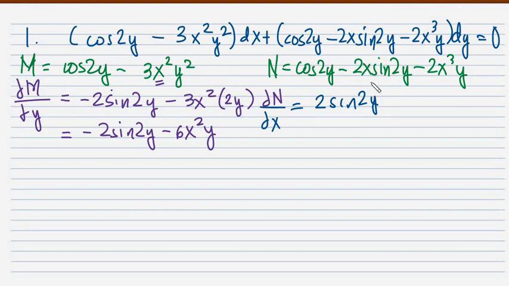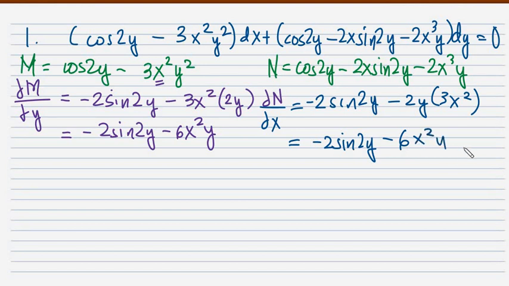We just have to get the derivative of negative x, so that is negative 1. And then last, we have minus 2y as our constant, and the derivative of x cubed is simply 3x squared. So therefore, this is negative 2 sine 2y minus 6x squared y.